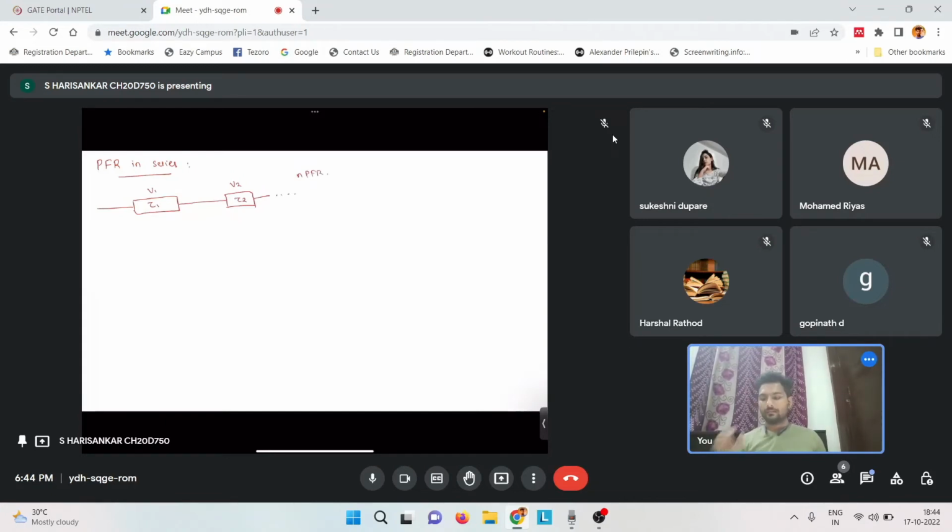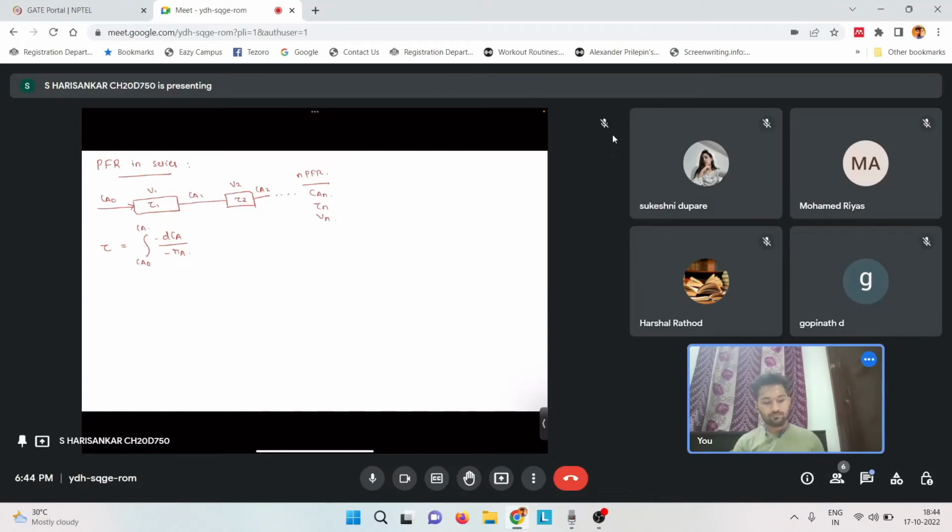The design equation for PFR: tau is the integral of minus dCA by minus RA from CA0 to CA. Let's take the inlet concentration as CA0, and this will be CA1, this will be CA2, and for the nth PFR you'll have CAn with tau n and Vn.